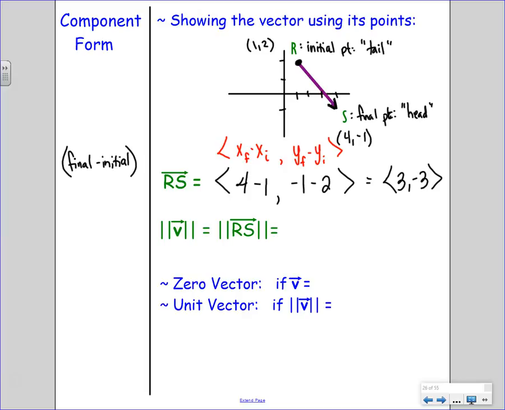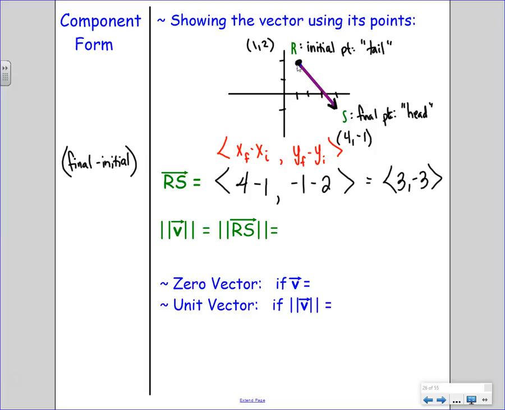What it shows is that to get from the tail to the head of this vector, you'd have to go down 3 and right 4. Now, hold on, wait a minute. What if I wrote it a different way? Isn't the first part of an ordered pair always an x?